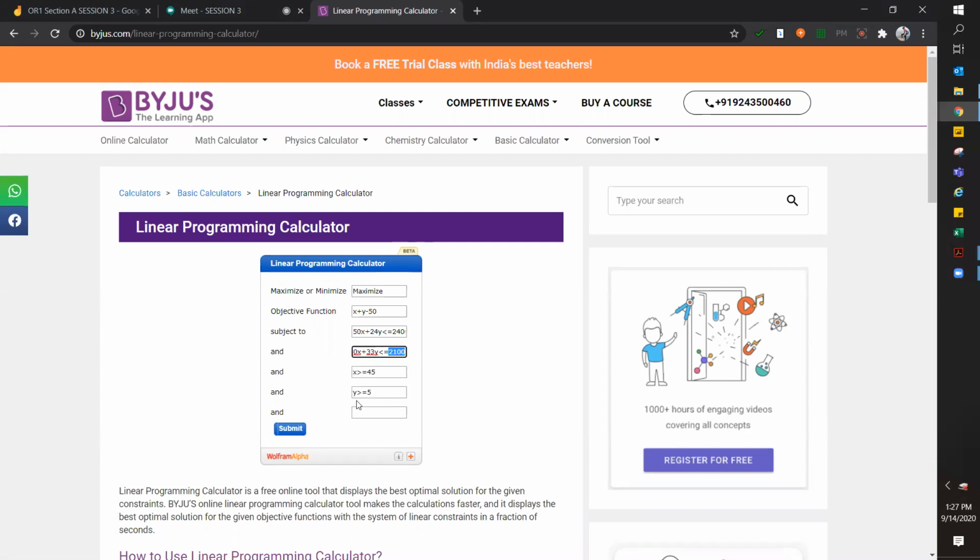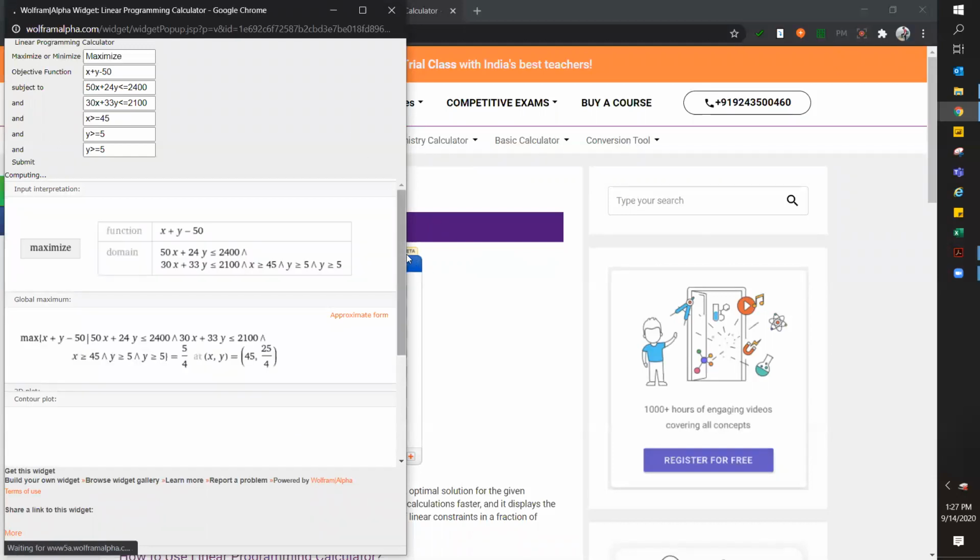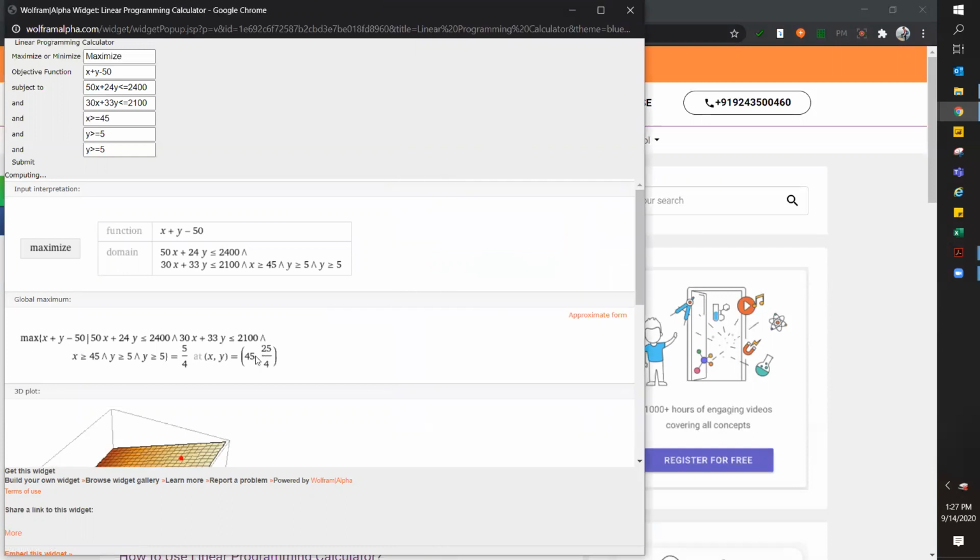Okay, saan banda yun? Baka kailangan kompleto. Ayan. Ayan, the answer na tayo. Dapat daw yung x natin ay 45 and then 25 over 2, 25 over 4 yung ating y.